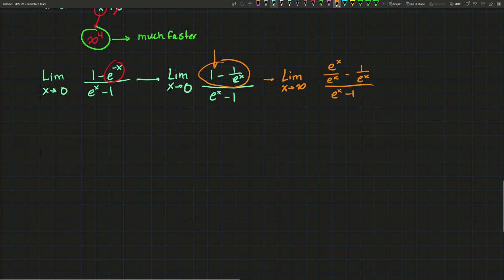And then we actually have to do that subtraction. So this is the limit, and that should be a 0, I didn't mean to write infinity, of e to the x minus 1 in the numerator over e to the x in the denominator, over e to the x minus 1.